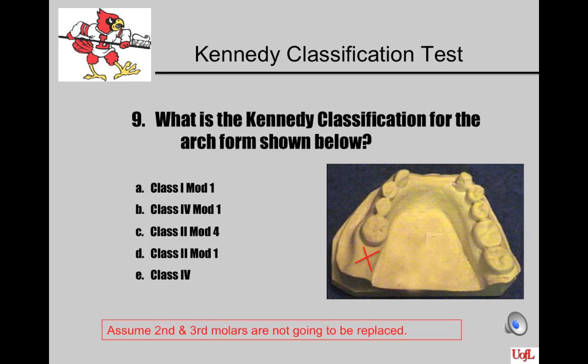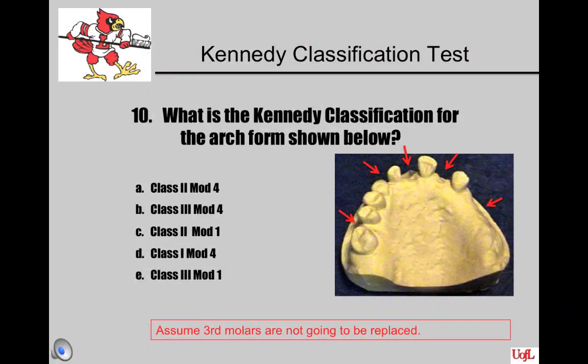This is your classic Kennedy Class 4. On this one, assume that third molars are not going to be replaced. I've placed arrows by all the edentulous areas because some of those are a little bit hard to see. You have a Kennedy Class 2, Mod 4.